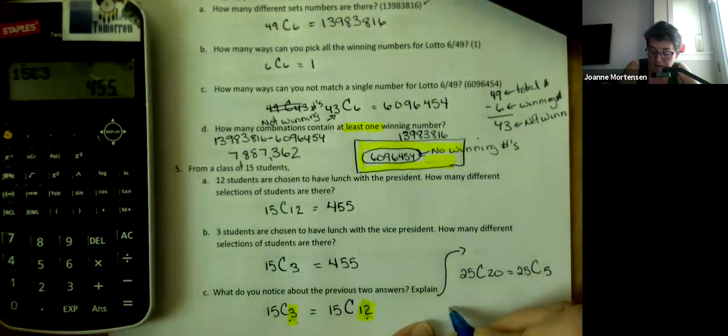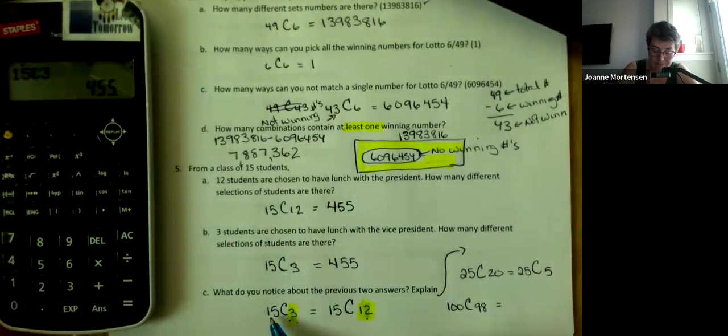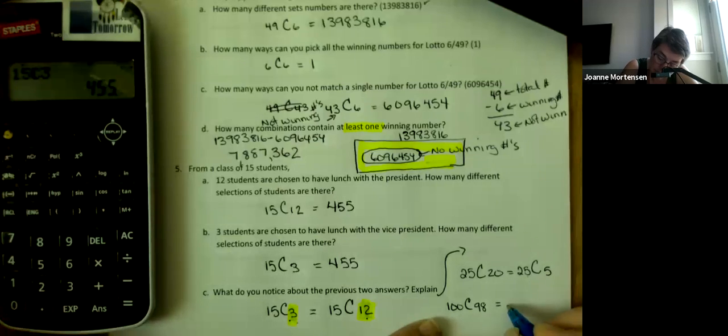And this becomes more important. So let's say 100 choose 98 is equal to, okay, look at our pattern. What number goes first? Right, 100 first, choose 2. 98 and 2.